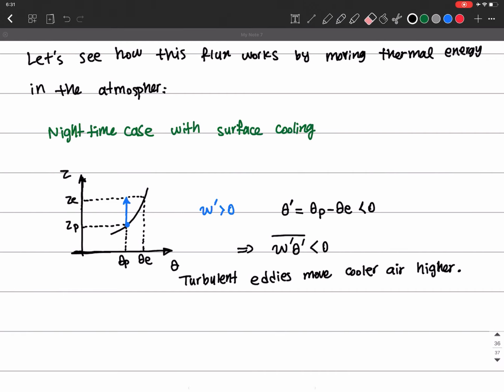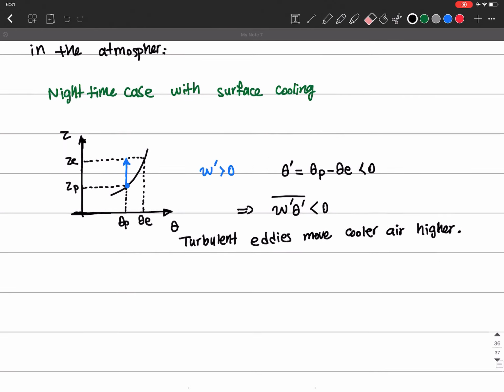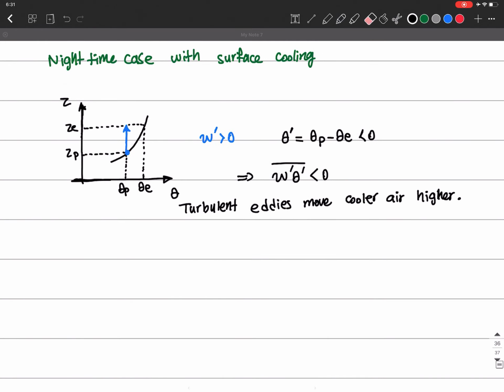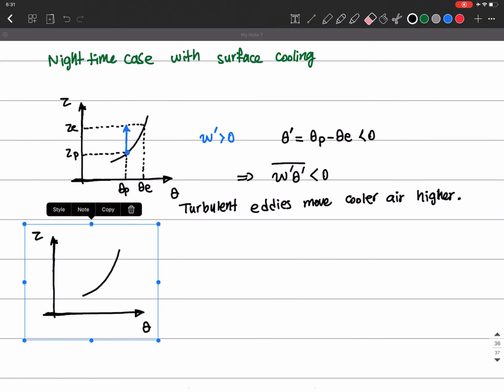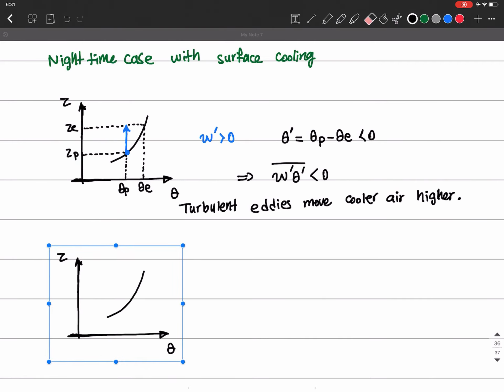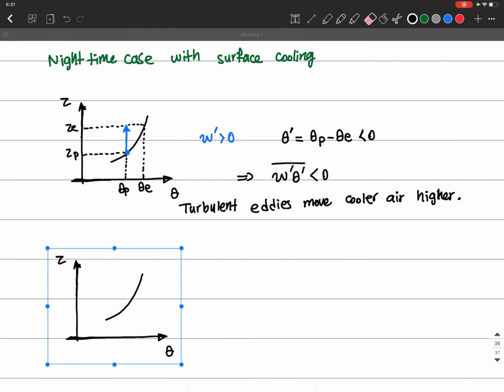Okay, so this is the first scenario, and then the second scenario, we can have something like this again, but now the air parcel moves downward. So let me show it with this.